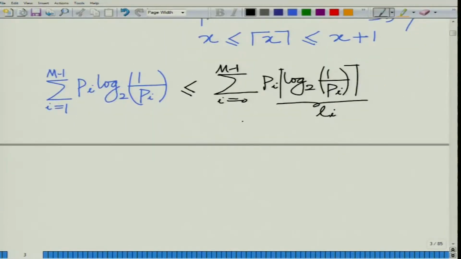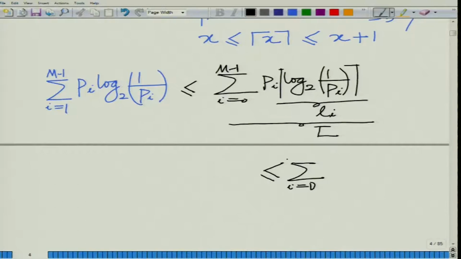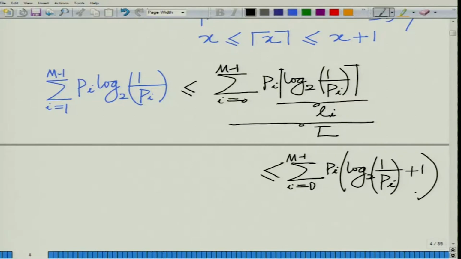In fact, this quantity, summation i equal to 0 to m minus 1 of pi Li, is L bar, which is less than or equal to summation i equal to 0 to m minus 1 of pi times log to the base 2 1 over pi plus 1.